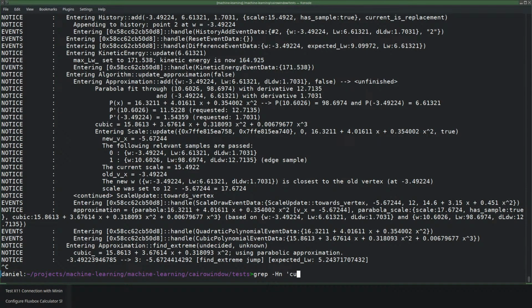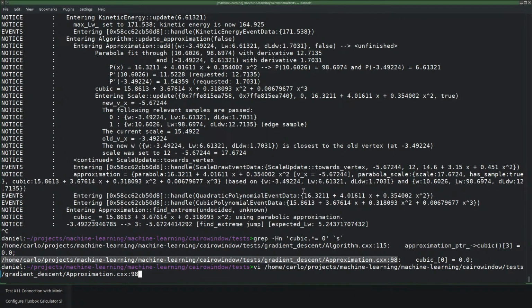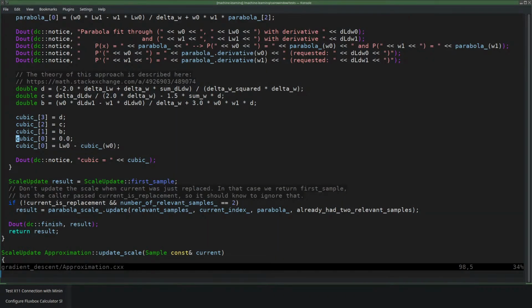I have no idea. Cubic something is 0. Well, something. Oh, there I did it. No, I didn't. Actually, no, I didn't.